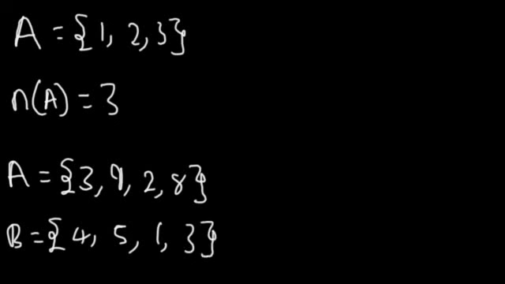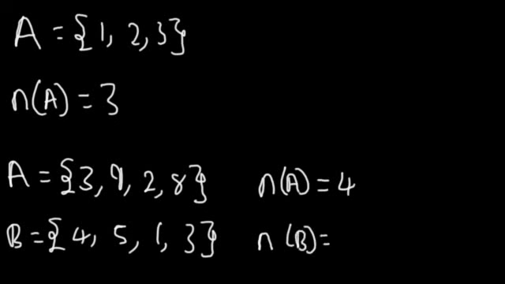Are these two sets equivalent? Now the cardinality of set A is equal to 4, and at the same time the cardinality of set B is equal to 4 as well. So the fact that their cardinality is the same, therefore set A and B are equivalent.